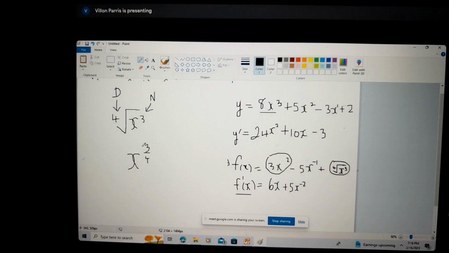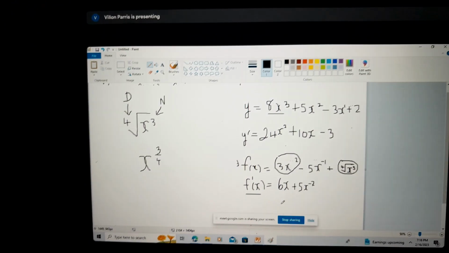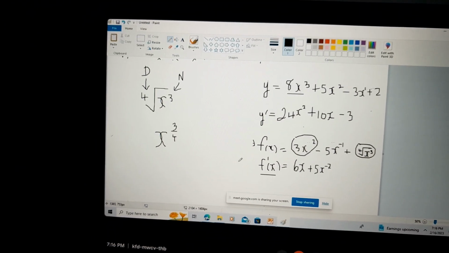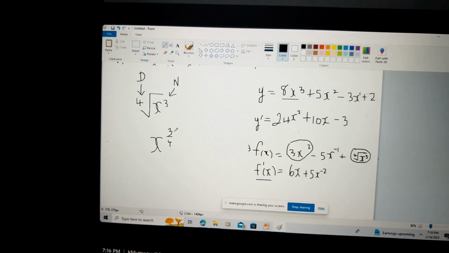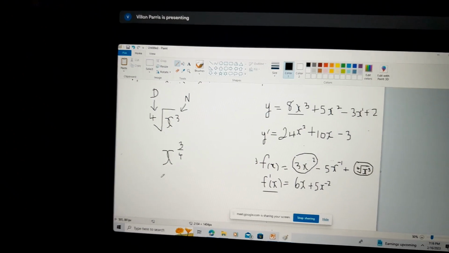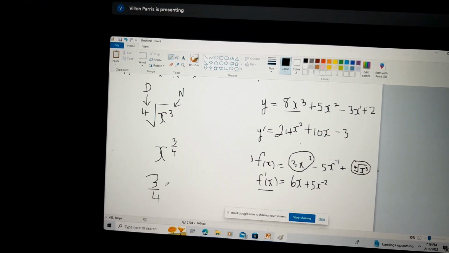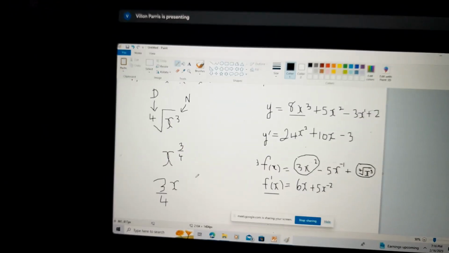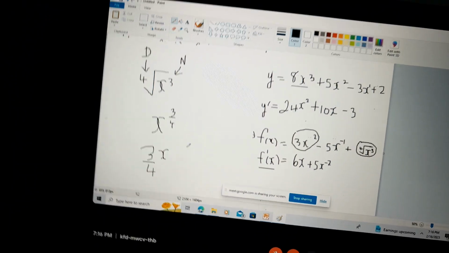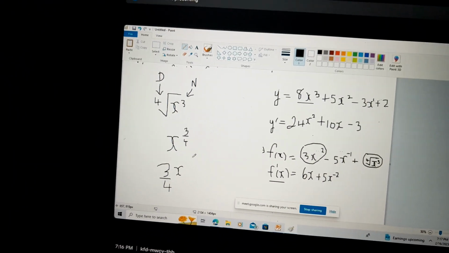What does the rule say? To find the derivative, what do we do with the power? Subtract 1 from it. Before we subtract 1, what do we have to do? Multiply it. Good. So it would be 3/4 of x to the 3/4 minus 1.